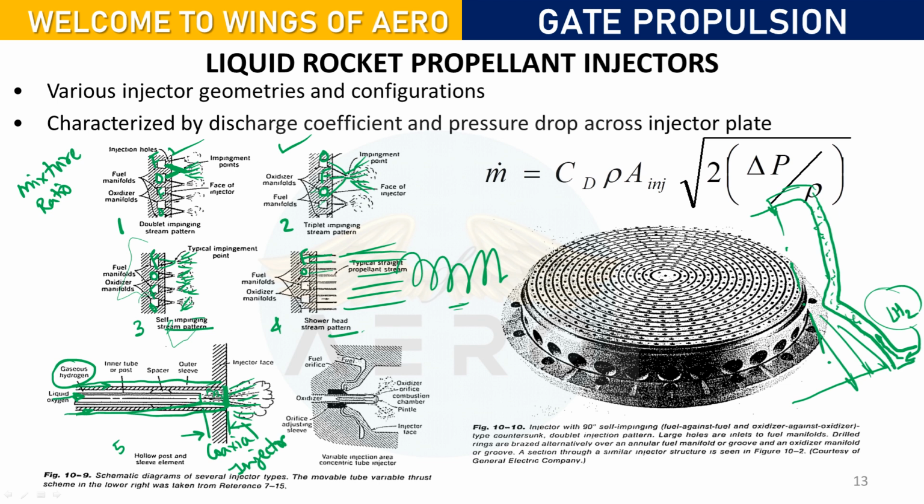In realistic rocket engines at present, they all prefer to use a coaxial injector. The variable injector area with concentric tube injector is not in much use because it can be implemented only for a very small rocket. So the most advantageous among these is the coaxial injector, right?